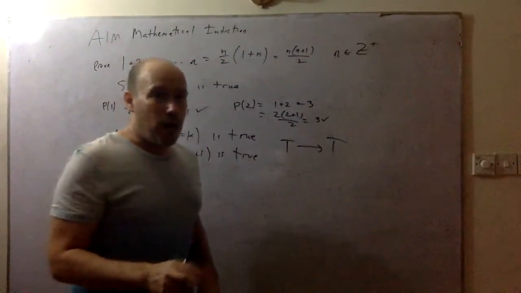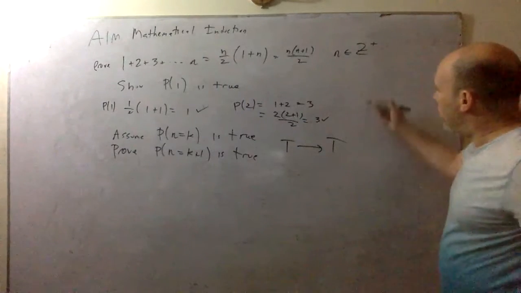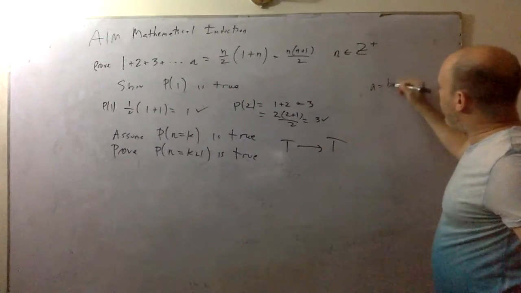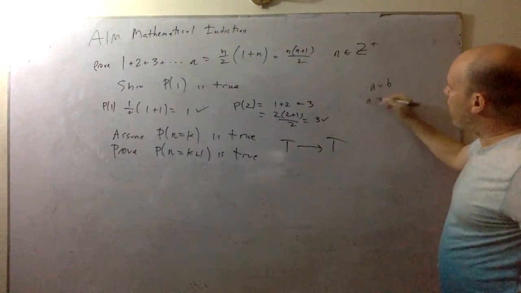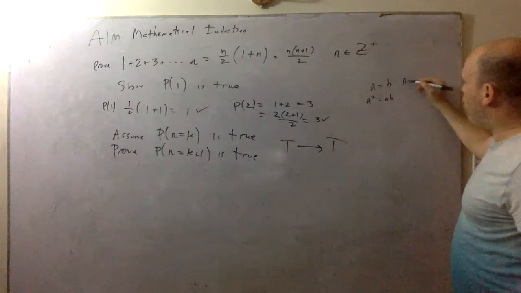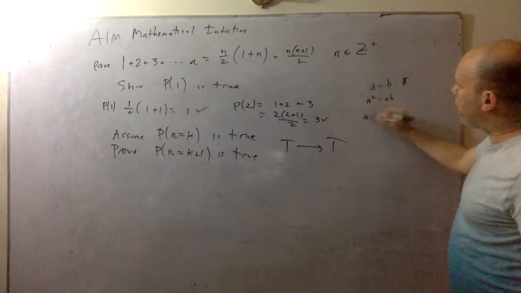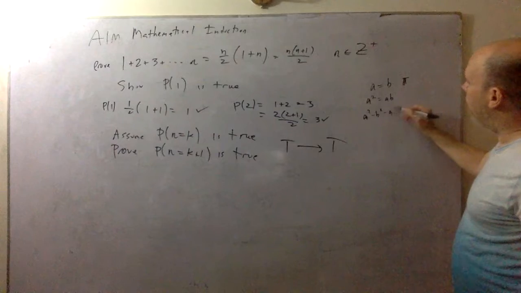Okay, now, where have you seen this before? Here, watch. So let A equal B, right? And then multiply both sides by A. So assume this is true, and we're following through. Now let's subtract B squared from both sides.